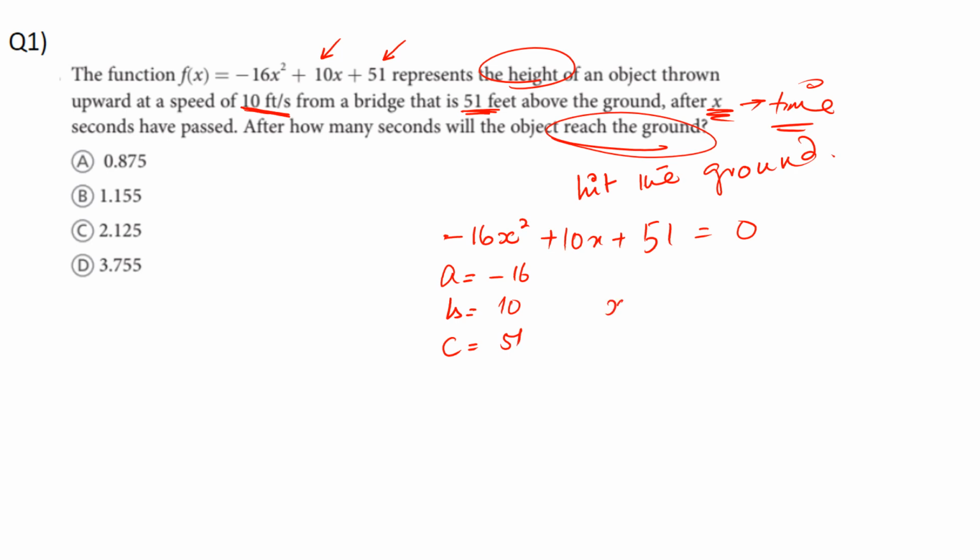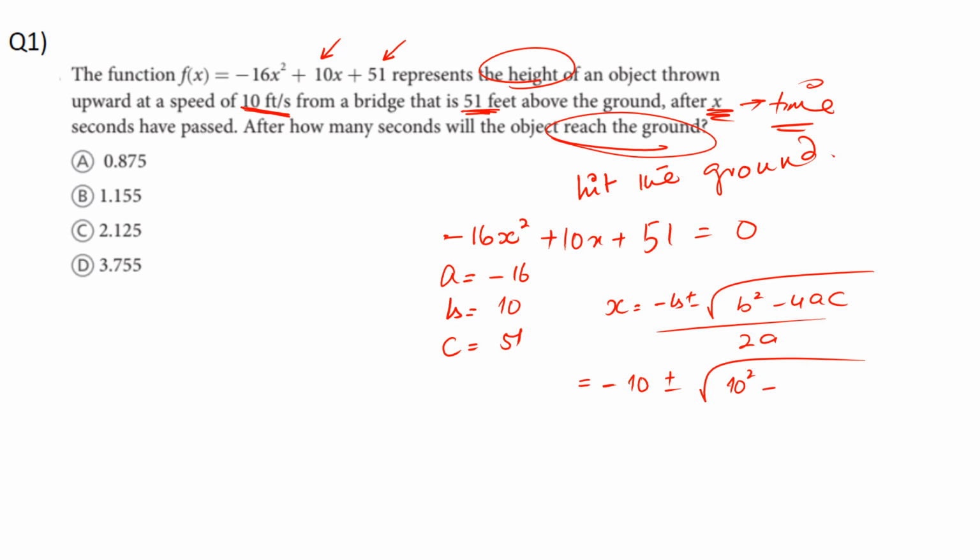Put it in the formula: minus B plus minus square root B square minus 4AC over 2A. Memorize the quadratic formula. Put in all the values. Minus B is 10 plus minus square root of B square means 10 square minus 4, A is negative 16 and C is 51, over 2 and A is negative 16.